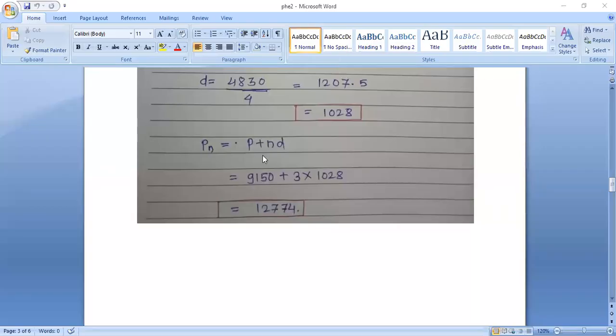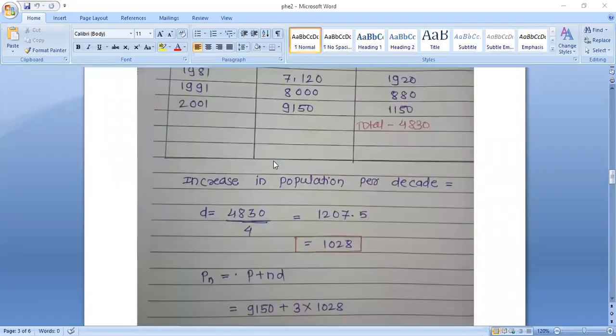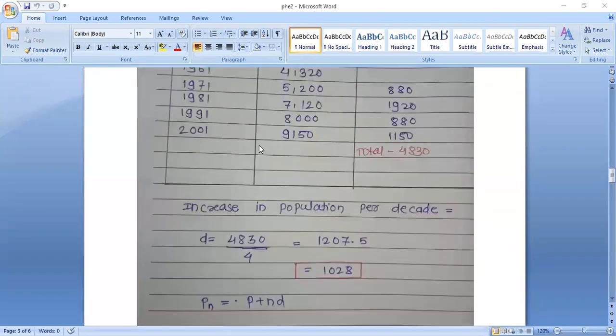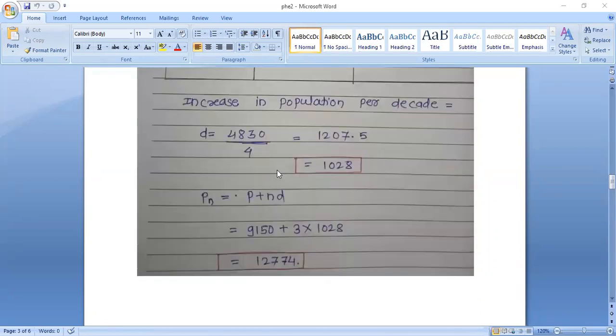Now see, the formula for the arithmetical increase method is Pn is equal to P plus N into D. P means the population for the previous year, that is for 2001, it is 9,150, plus N means for 3 decades, design period is 3.